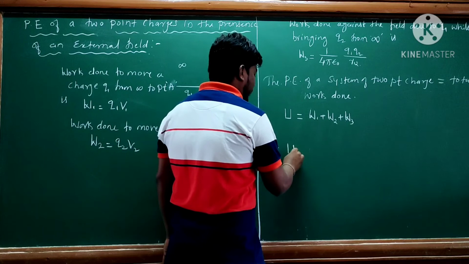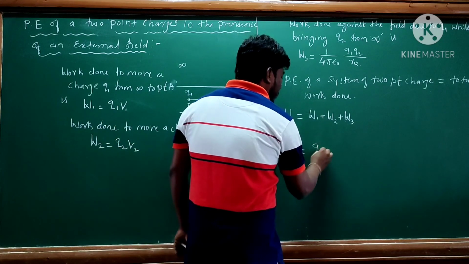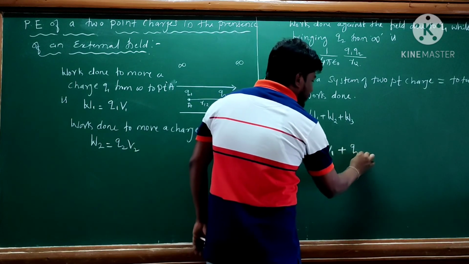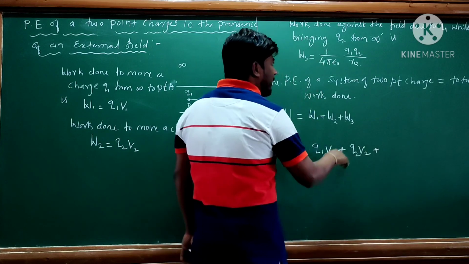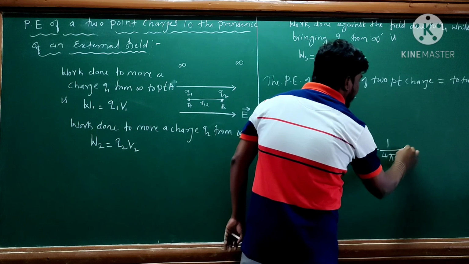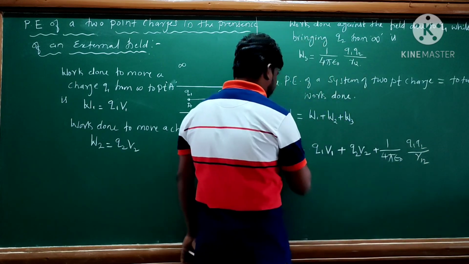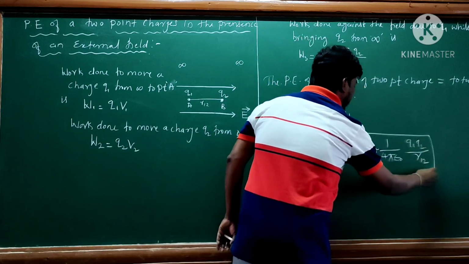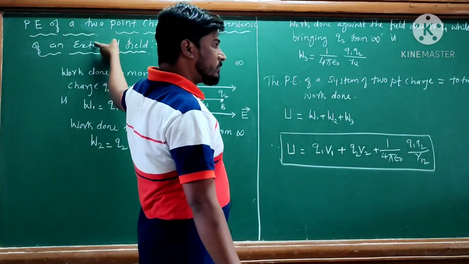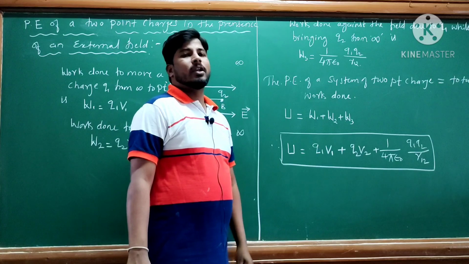Therefore we get U is equal to, what is W1? W1 is nothing but Q1 V1, plus, what is W2? It is Q2 V2. What is W3? It is 1 by 4 pi epsilon naught Q1 Q2 divided by R12. This is the expression for the potential energy of the two point charges in the presence of the external electric field.